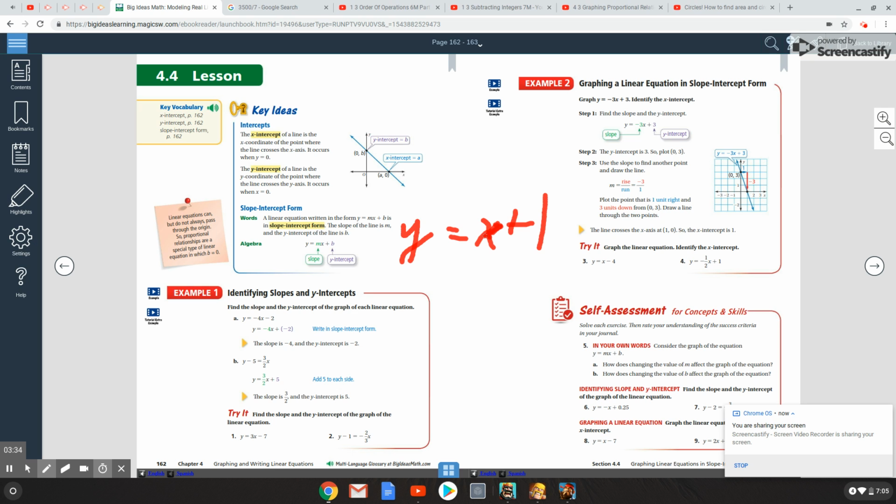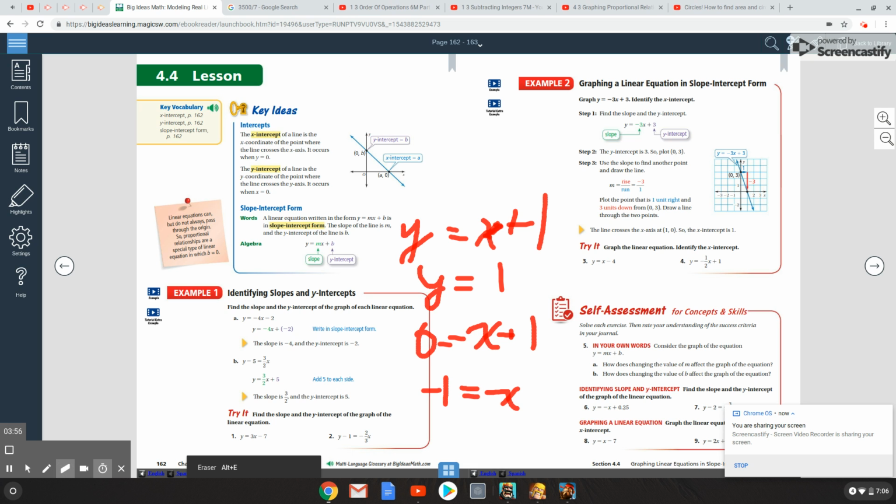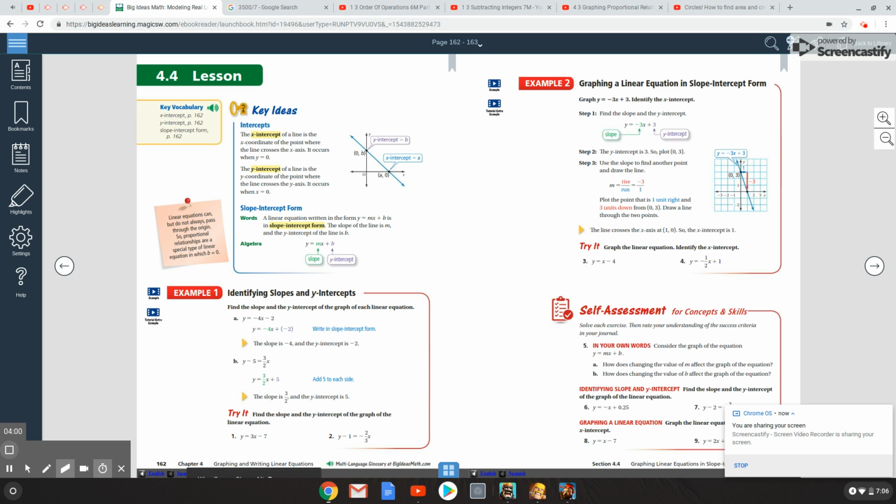To get the y-intercept, we have to make x 0 so that we get y equals 1. So that's the y-intercept. To get the x-intercept, we're obviously going to have to make y 0. So then we get x equals 0 plus 1, minus 1 on both sides to get minus 1 equals x. So the x-intercept is going to be negative 1.